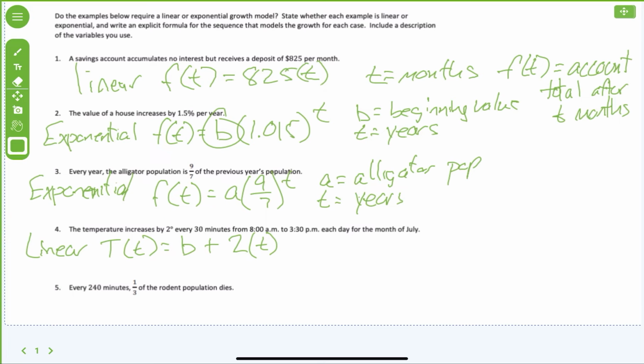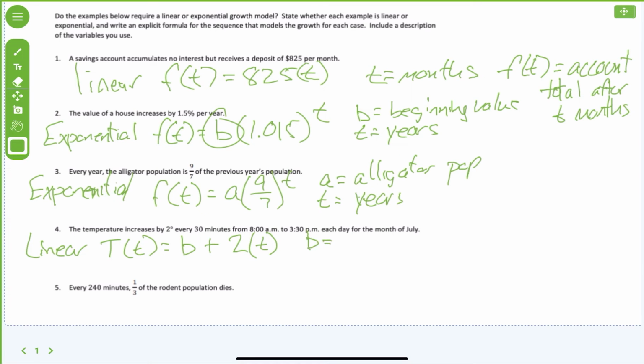So at 9 a.m., that would be 2 times 2, because that's 2 half hours past 8 a.m. And then that would be plus our beginning temperature, which we don't know.